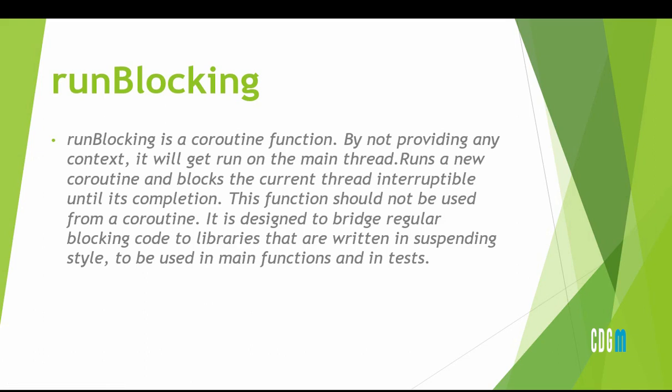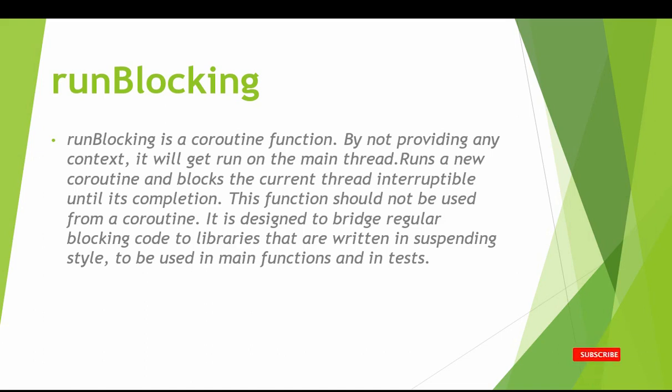It means that we can't use it from any other coroutines like Dispatchers.IO or Dispatchers.Main, because it is simply a bridge. It is designed to bridge regular blocking code to libraries that are written in suspending style, which means we can block anything using this, to be used in the main function and in tests. It is always used in the main function, on the main thread.